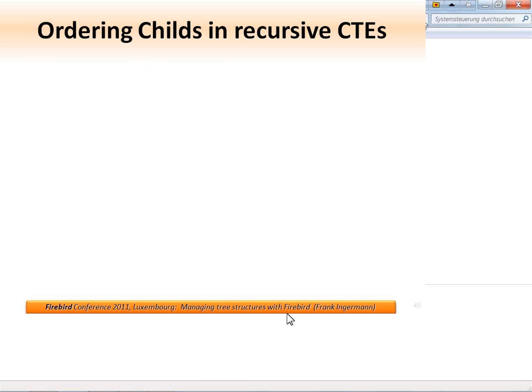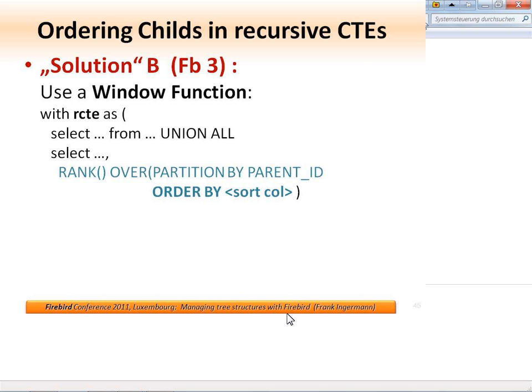Okay, next thing I thought should maybe work. In Firebird, we have the window functions, and you have probably seen this in other platform applications. Window functions have an order by clause, so we can have an order by in a window function, and this might just work.